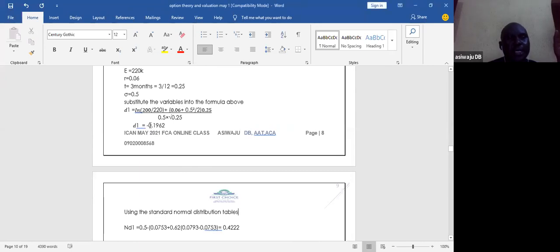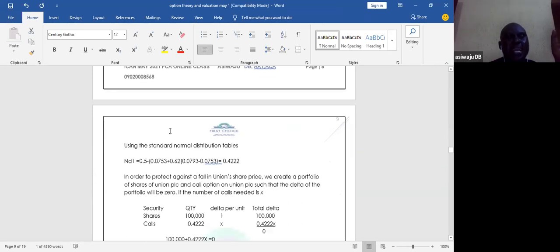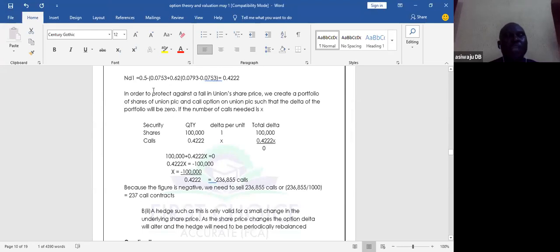Check 0.1 under 9. What do you have? When you check your normal distribution table, you are going to get 0.0753. Please, can we reconfirm you have this figure? I expect us to have our normal distribution table closer to us. Can we reconfirm that? Oh, great, somebody has confirmed that.